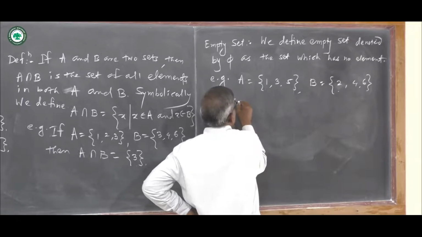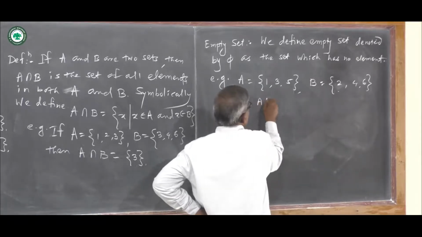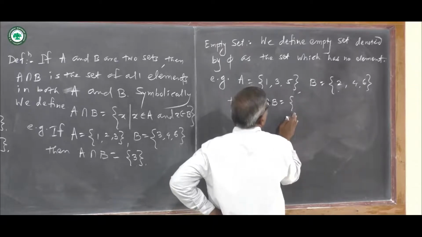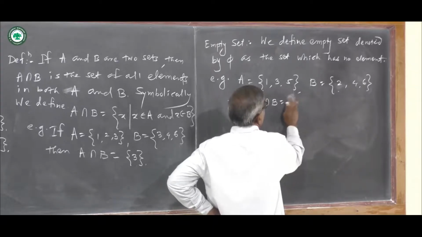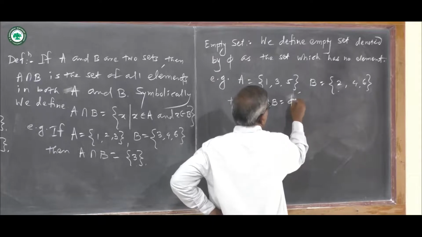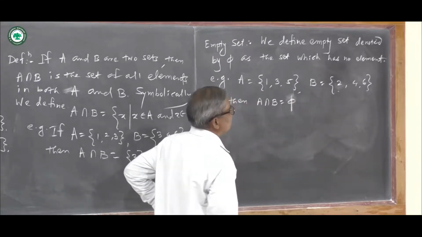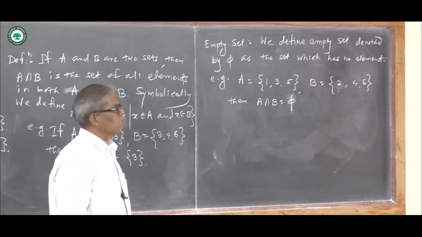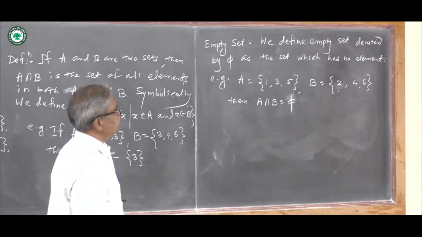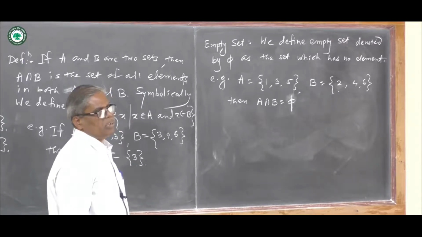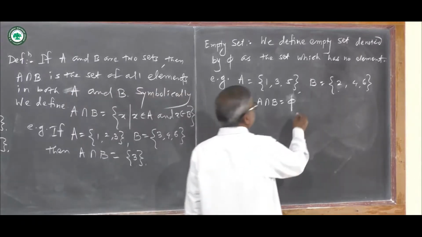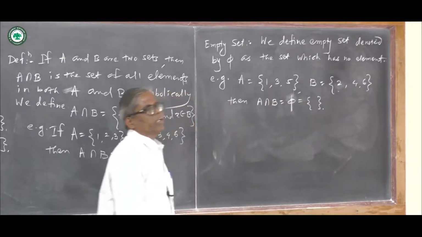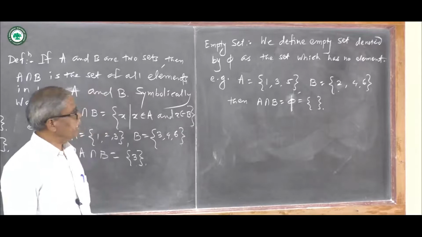Then A intersection B is equal to the empty set, since there is no common element in A and B. A intersection B is equal to phi, or curly brackets, which is also the notation for the empty set.